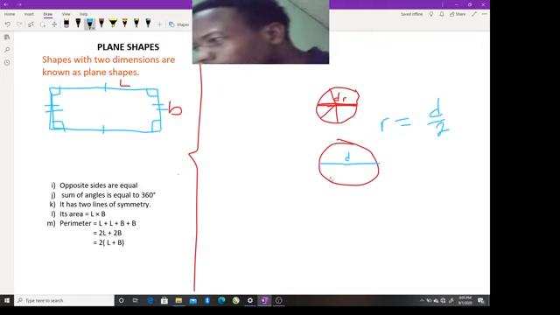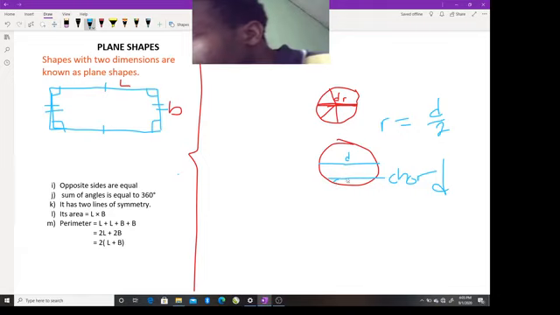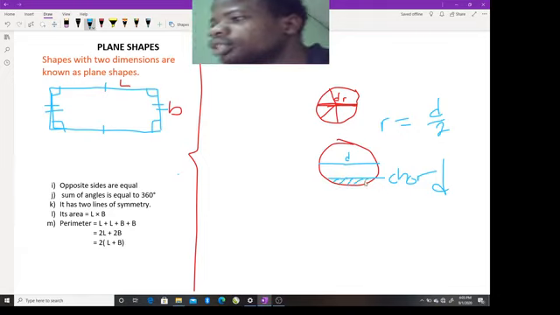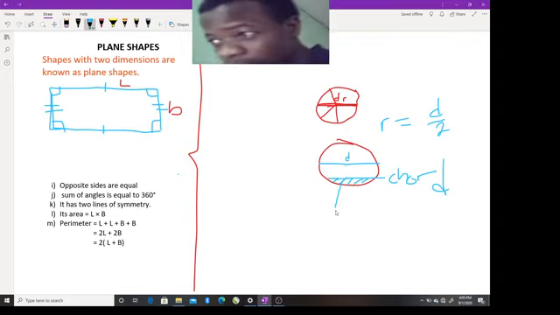But if you have a line drawn somewhere here, of course we know this is not the diameter. This is what we call a chord. But if you have this side shaded, this is what we call a segment, and it is a minor segment.